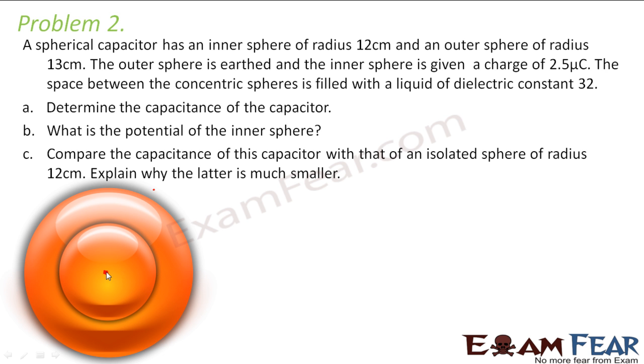Let us suppose that the radius of the inner sphere is Ra and the radius of the outer sphere is Rb, and the outer sphere is earthed. The inner sphere is given a charge of 2.5 microcoulombs in this question, but otherwise let us suppose some charge plus q is given to this inner sphere.